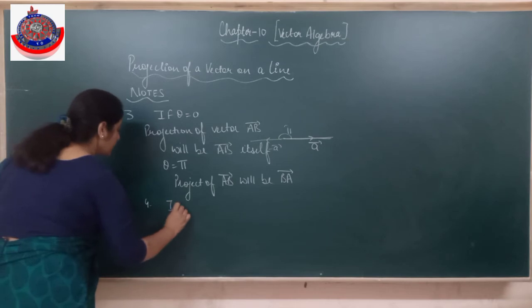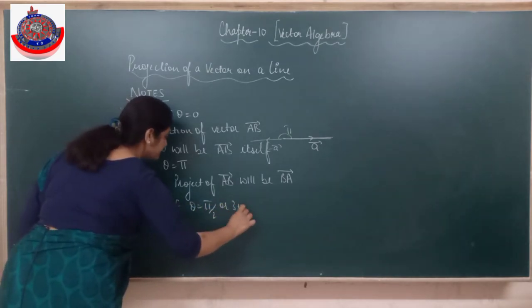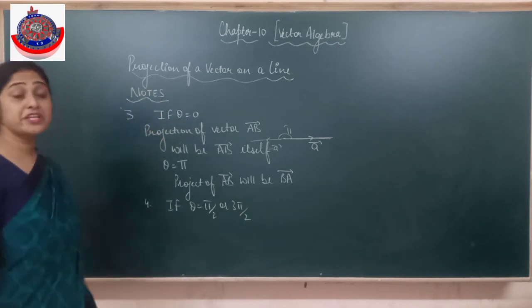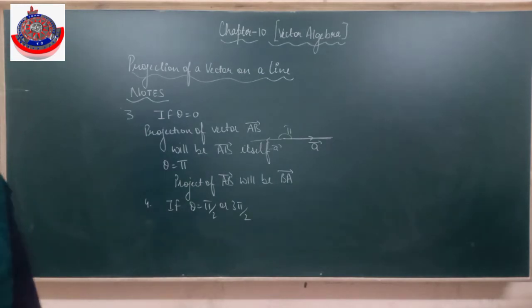And fourth, if theta is pi by 2 or 3 pi by 2, that means they are perpendicular to each other. If it is pi by 2 and 3 pi by 2, the projection of vector AB will be 0 vector.